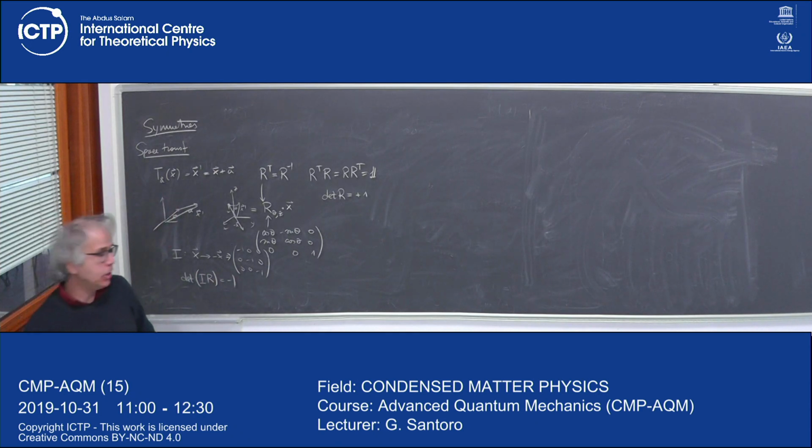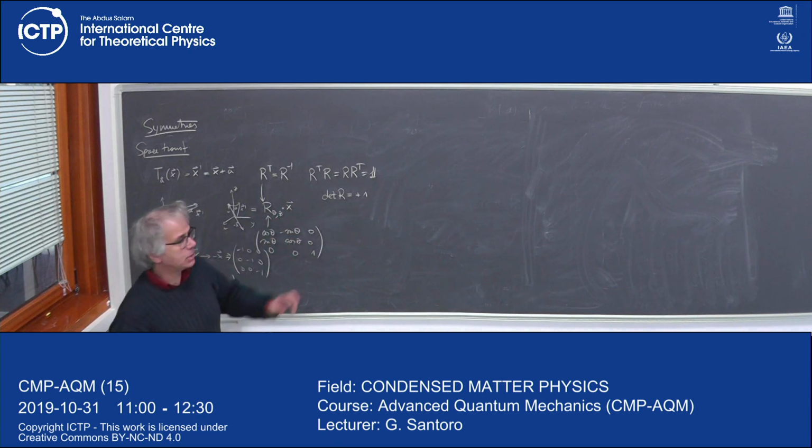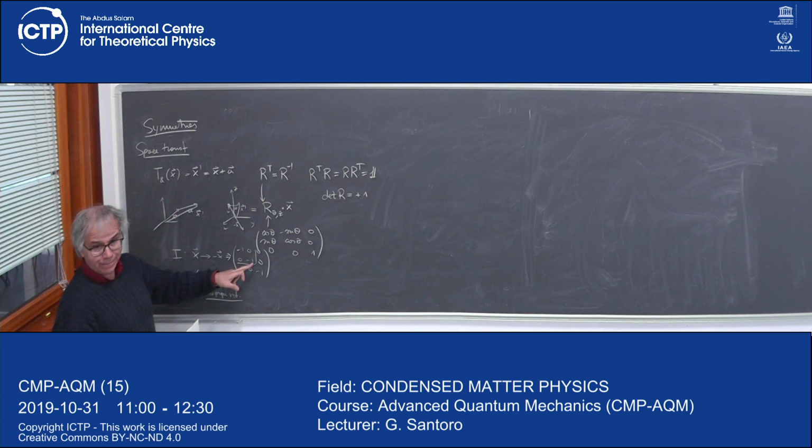These are called improper rotations. So proper rotations are the ones like this with determinant plus 1. If you include inversion, necessarily you have an improper rotation. Notice, this is in 3 dimensions. In 2 dimensions, inversions have determinant plus 1.